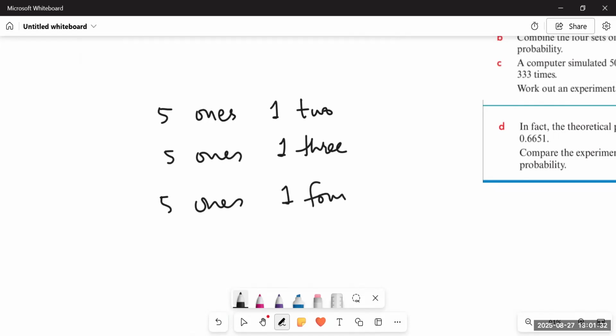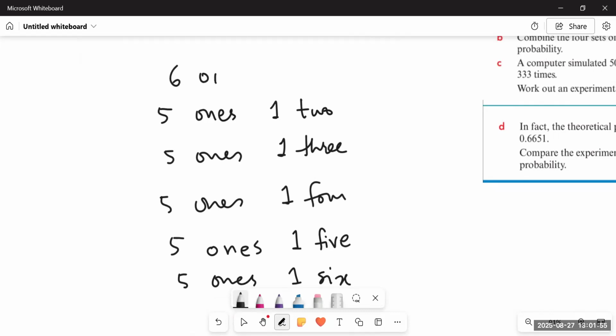That is, we are getting ones on 5 dice, and only the next one is having 2, and then 3, then 4, then 5, and then 6. Again, 5 ones and 1 six. Okay. Similarly, we can say that the first one would be 6 ones. All 6 would be ones.